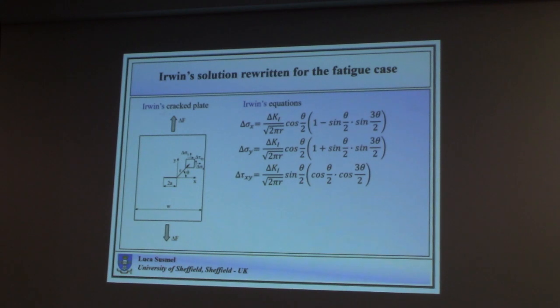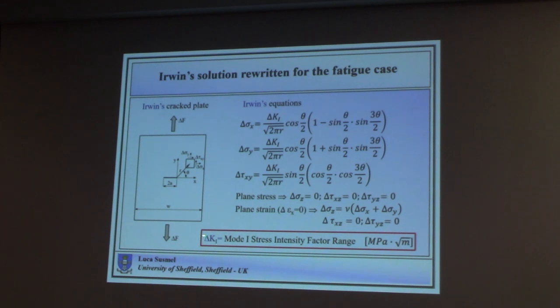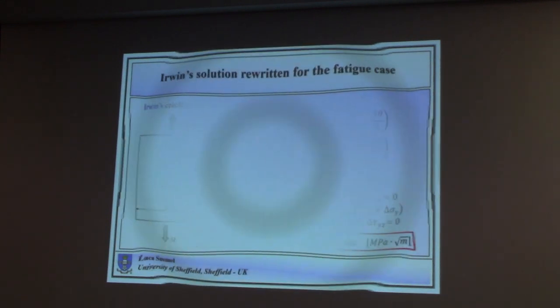Okay, this is what we usually do, but de facto this is what we already know. We simply give a time variable meaning to these quantities, but nothing really changes. Again we can talk about plane stress, and again we can talk about plane strain. Exactly the same problem as the one we have under static loading. And delta K is called mode 1 stress intensity factor range. Again, these weird units, unfortunately.